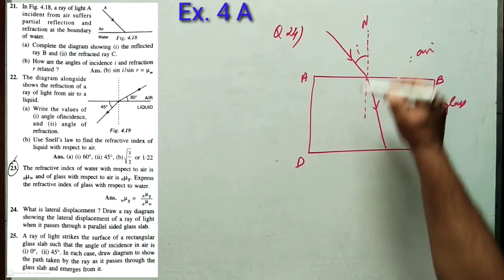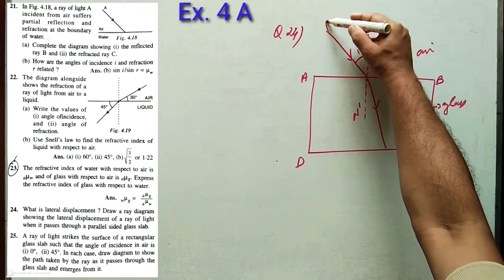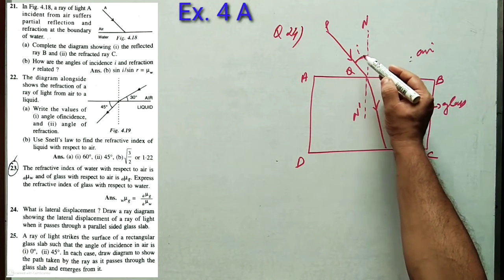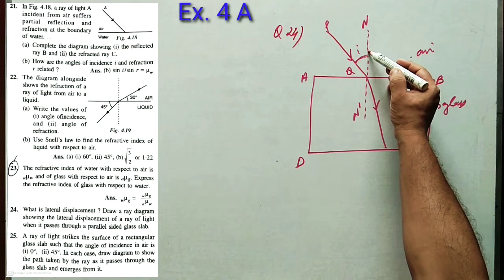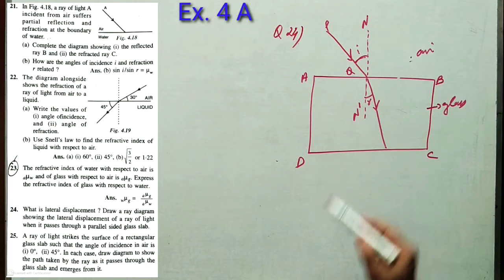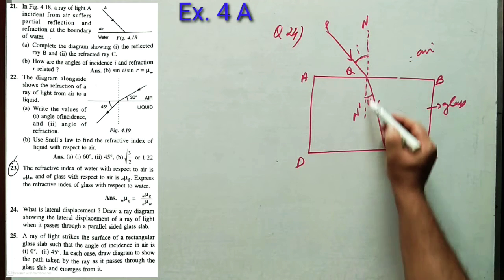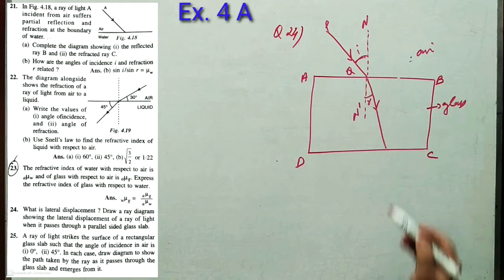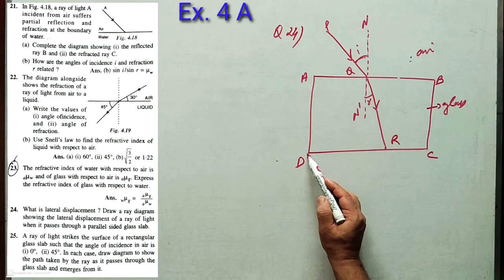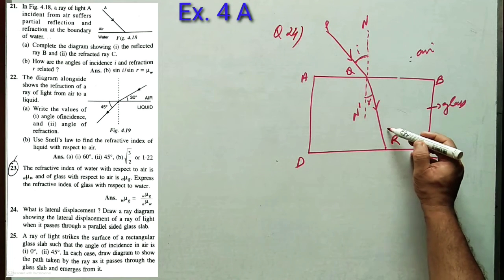Alright. So N dash being the normal, PQ being the incident ray, angle I, angle of incidence, being the angle between normal and the incident ray. Mark the angle of refraction as R, as the angle between the normal and the refracted ray. And the refracted ray QR is striking the surface DC of the glass slab.